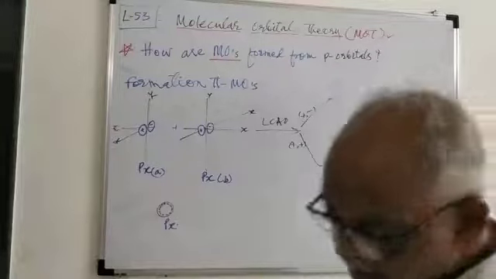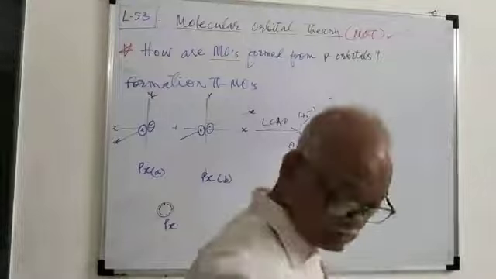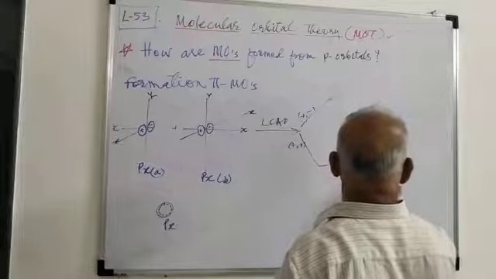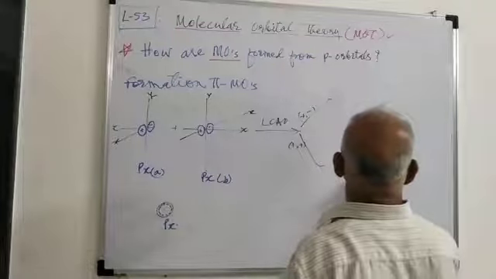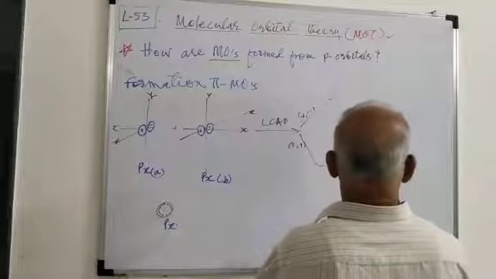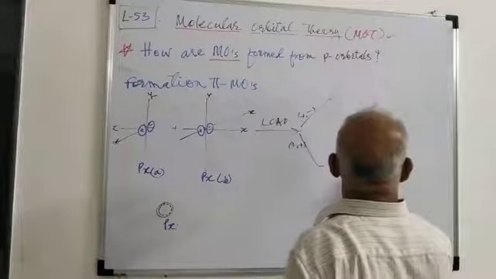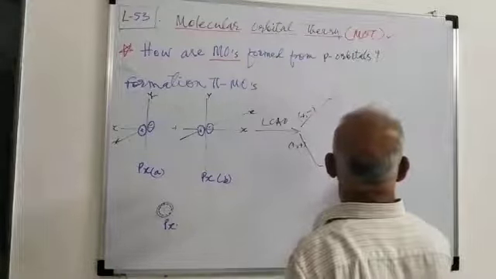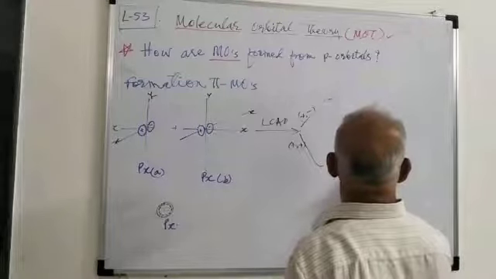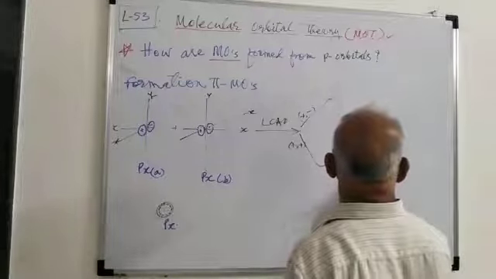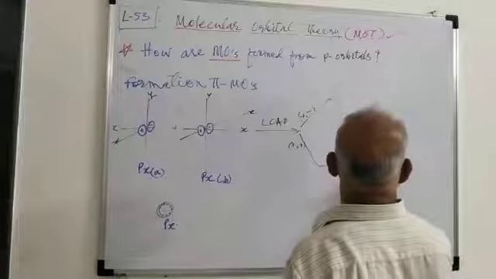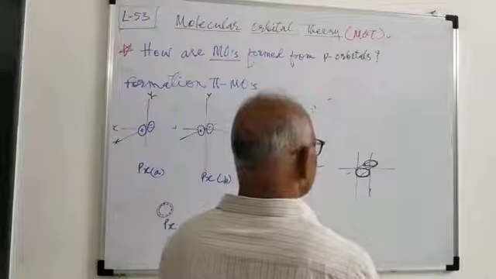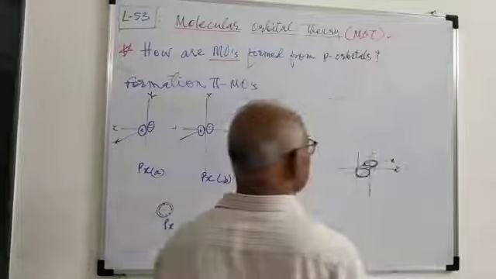So we will correct this. Like this. So the two atomic orbitals are converted into two electron clouds like this. This is one electron cloud and this is another electron cloud, which is lying in the ZX plane. This is the ZX plane.